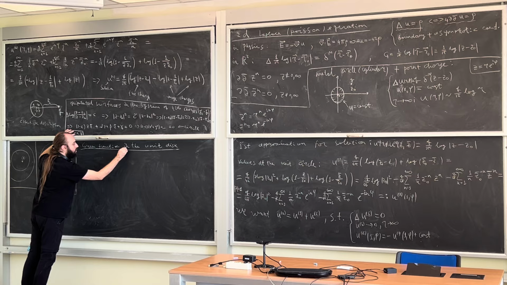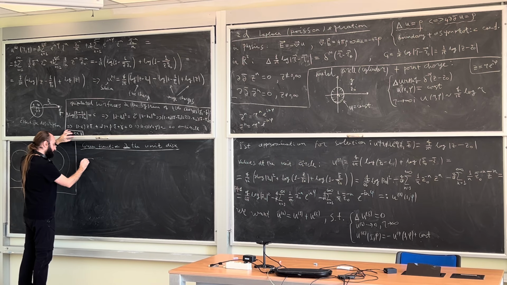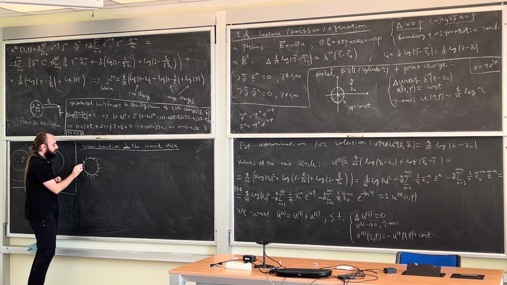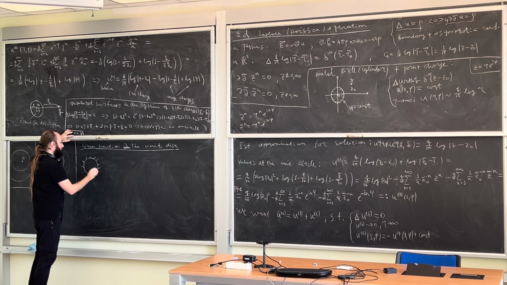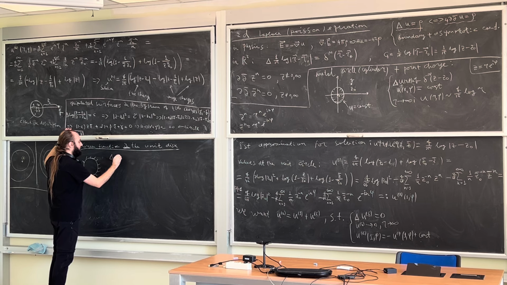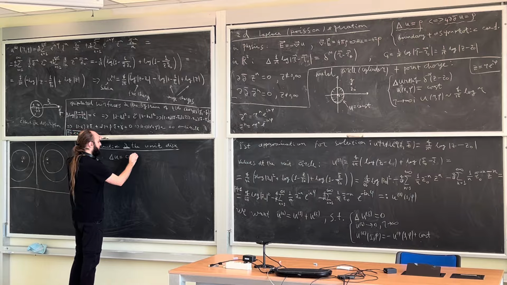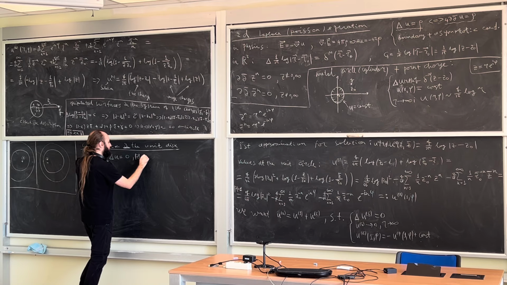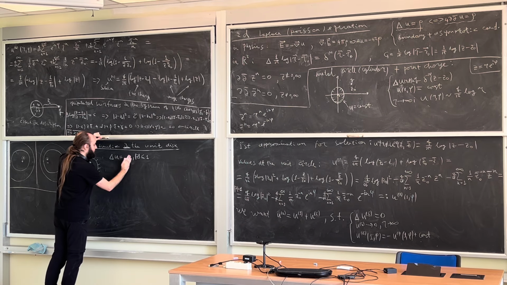So now it is inside. So we have this Laplace equation, Laplacian of u equals to 0 for absolute value of z less than or equal to 1. Oh, sorry, not 0, but a delta function of z minus z0.